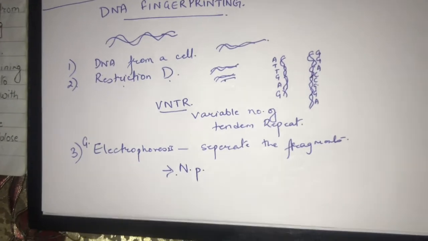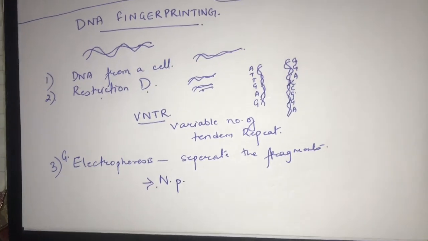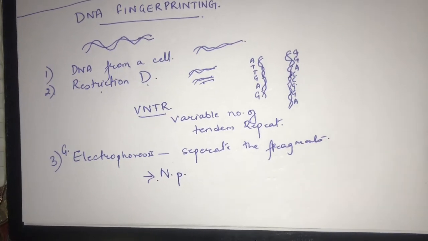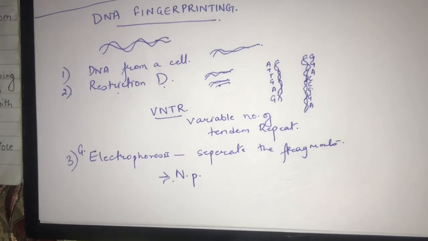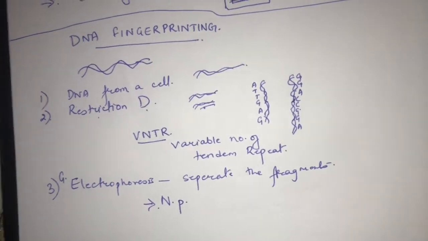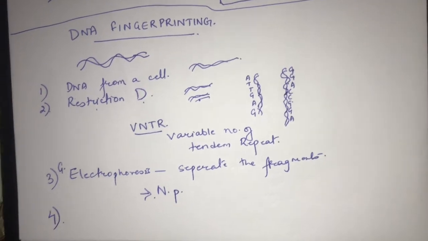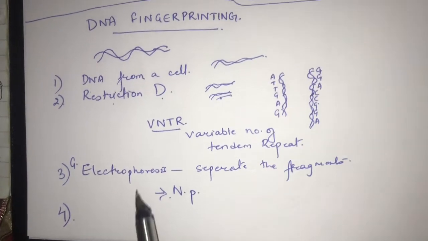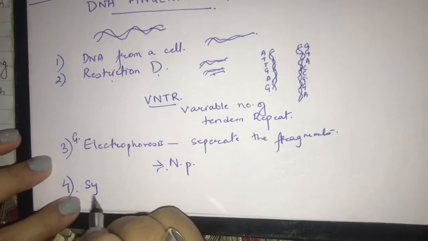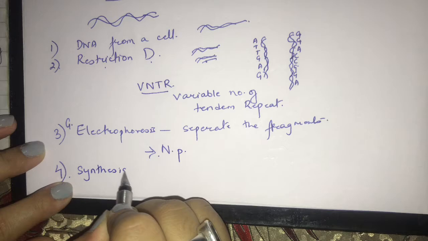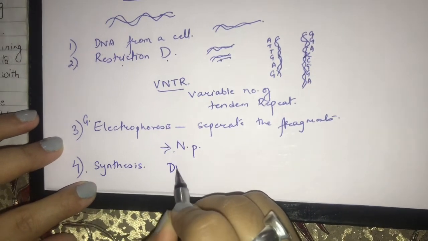Now, after it is transferred to nitrocellulose paper, we need to synthesize special DNA probes containing repeated sequences complementary to those on VNTR. Probes are radiolabeled with radioisotopes, very important. So, after electrophoresis, we need to artificially synthesize special DNA probes.